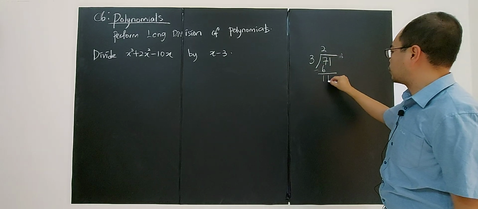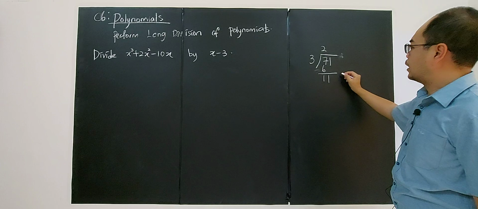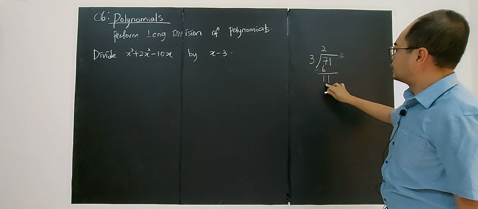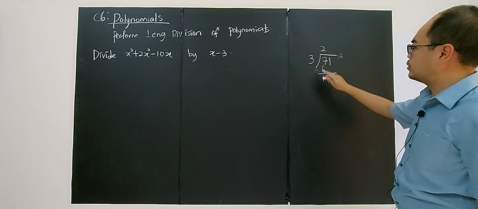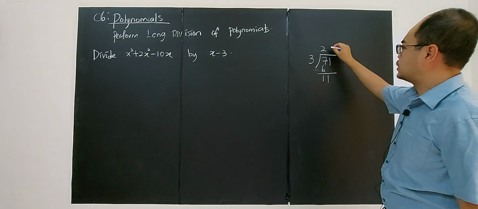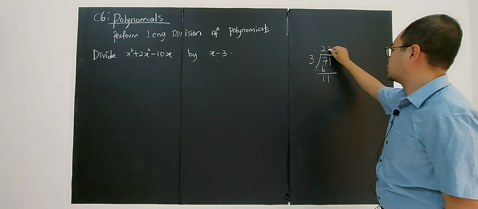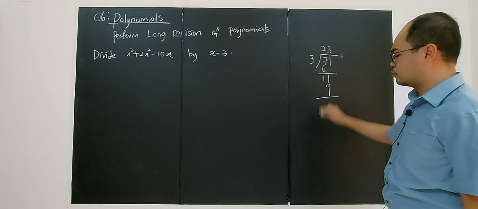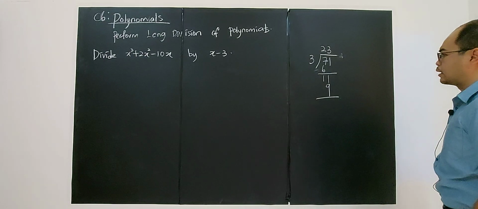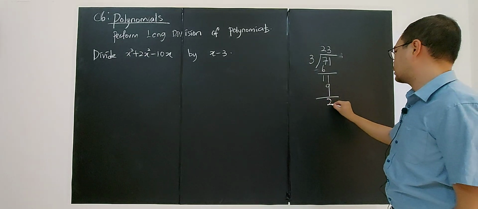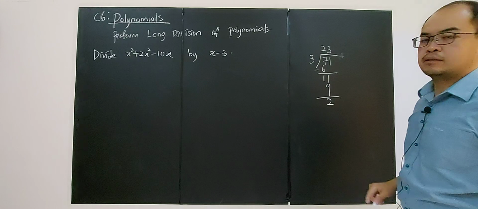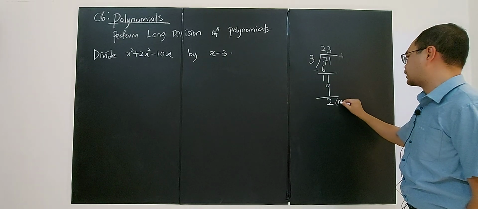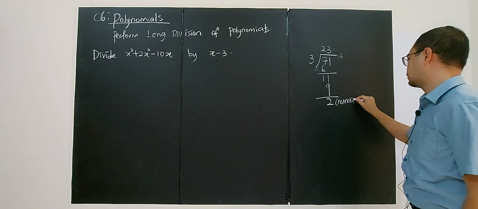Then you bring the 1 down again, then 11. You look for a multiple of 3 not larger than 11, which is 3 times 3, you have 9. 11 minus 9, you have 2. 2 is smaller than 3, so we stop here. And we say this is your baki, your remainder.